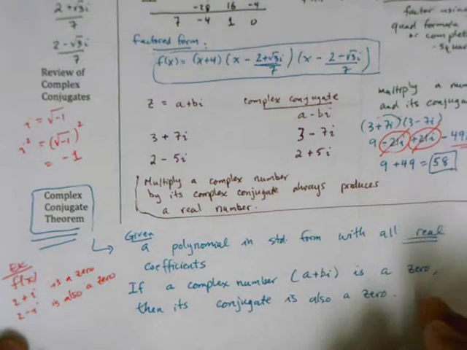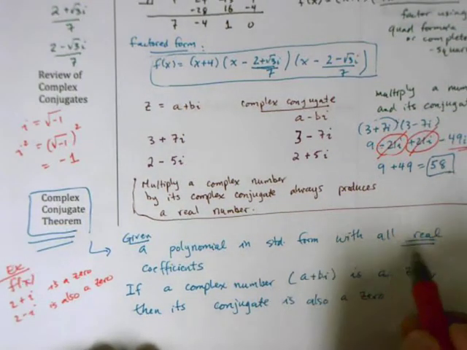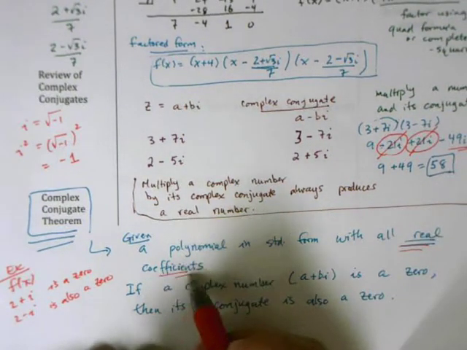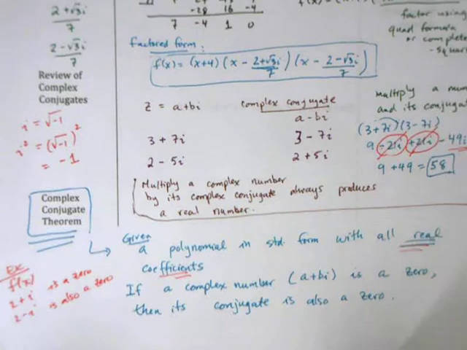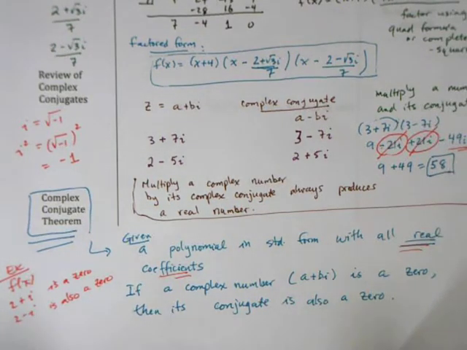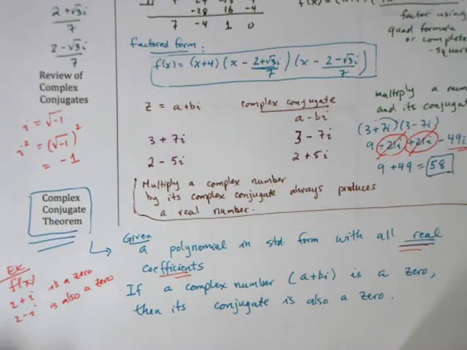The reason for that is this key term here, real coefficients. Whenever you have real coefficients and you have something complex in there, the complex conjugate has to also be in there. Otherwise, it won't be real.